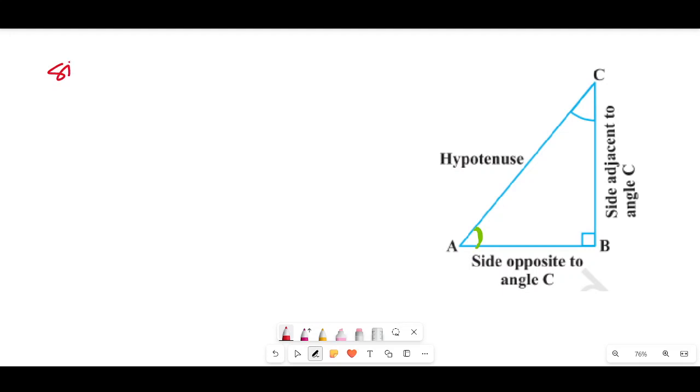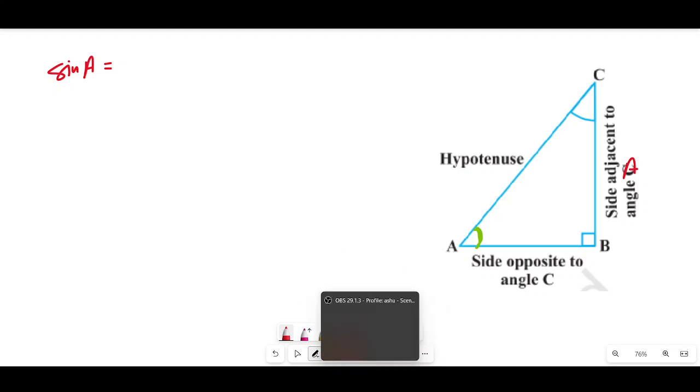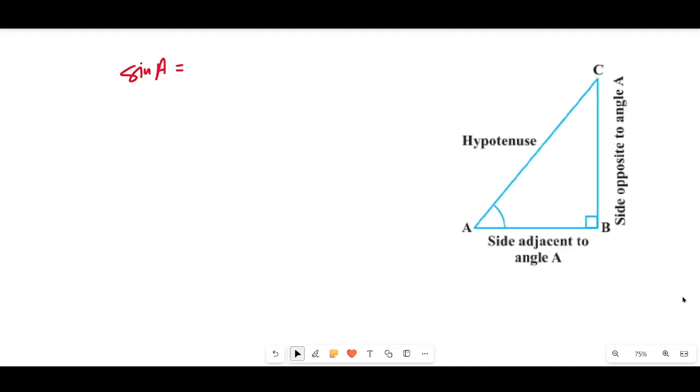Sine of angle A. If we take sine of angle A, we should write A here. Now we should take another figure. Now what is sine A? Sine A is the symbol of a ratio.